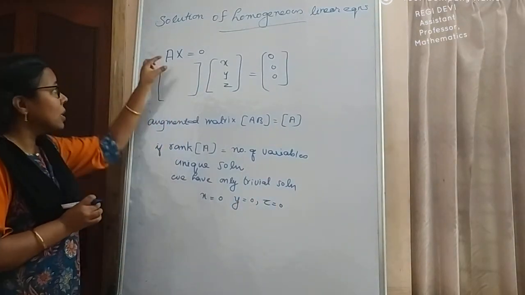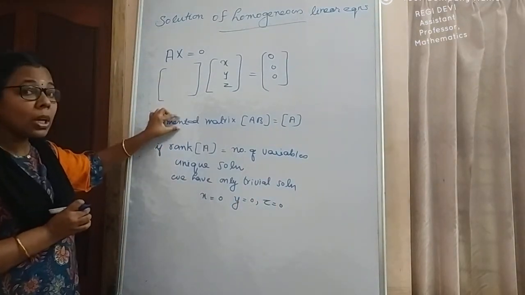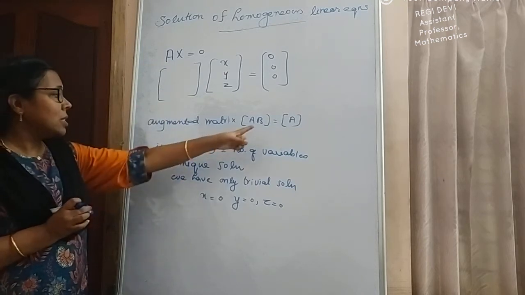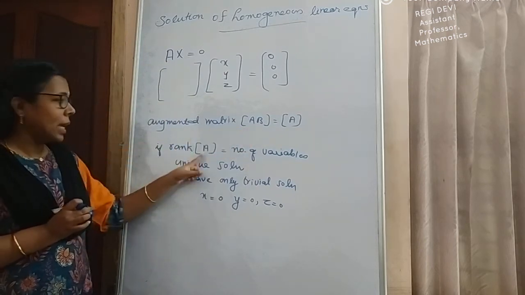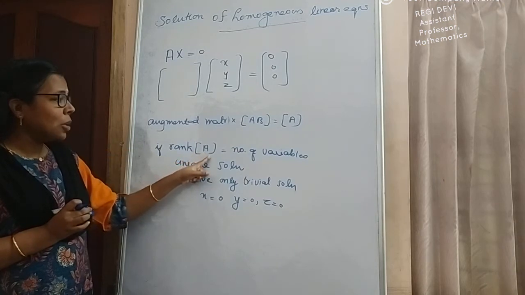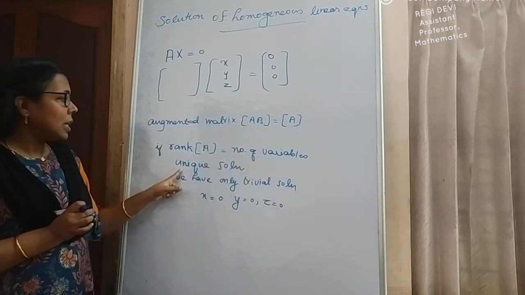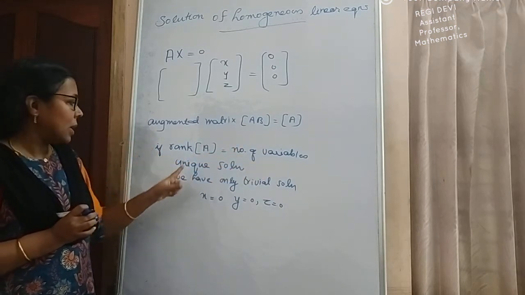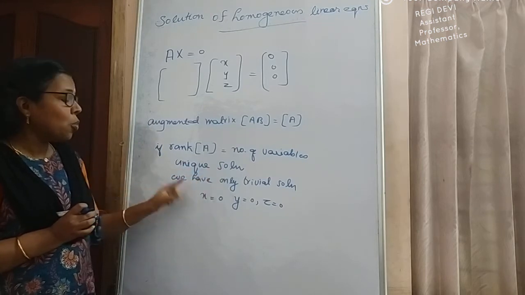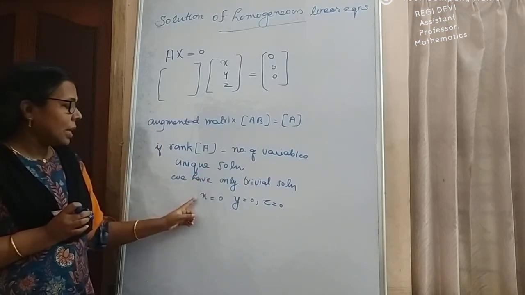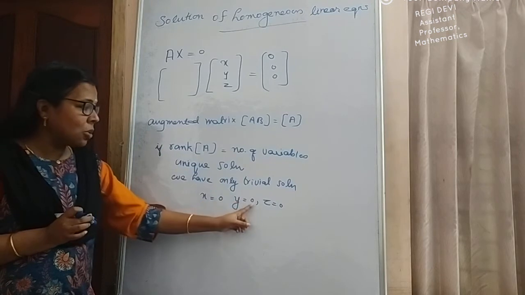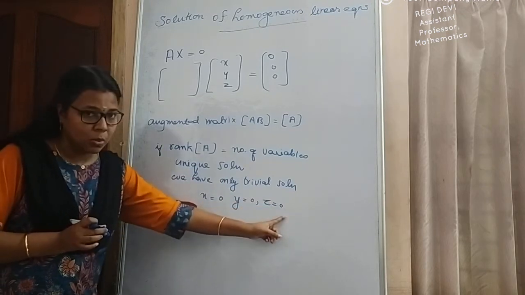We are reducing the matrix A into row reduced echelon form. Hence we have to find the rank of A. If rank of A equal to number of variables, then we get the unique solution, but the solution is only trivial, that is x equal to 0, y equal to 0 and z equal to 0.